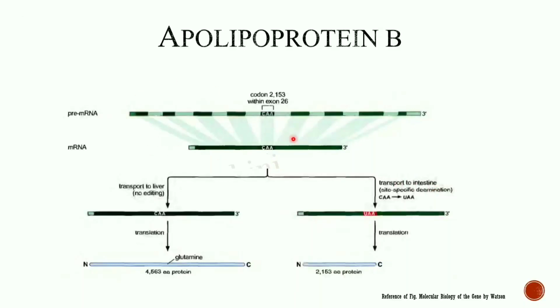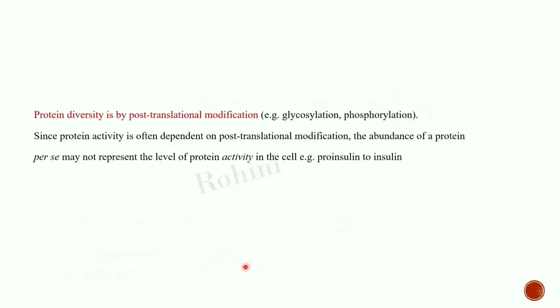So when you are doing transcriptomics or analyzing the transcript, you can find the mRNA, but from that mRNA two proteins are synthesized, and this is not going to be analyzed with the help of the transcriptome.